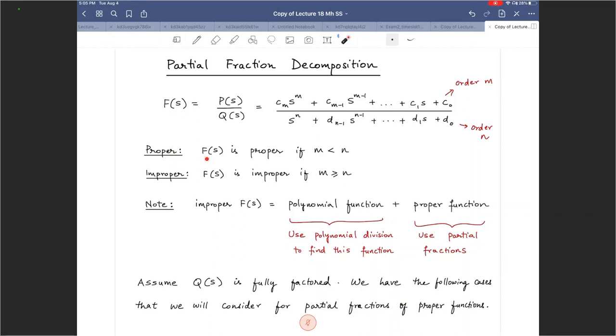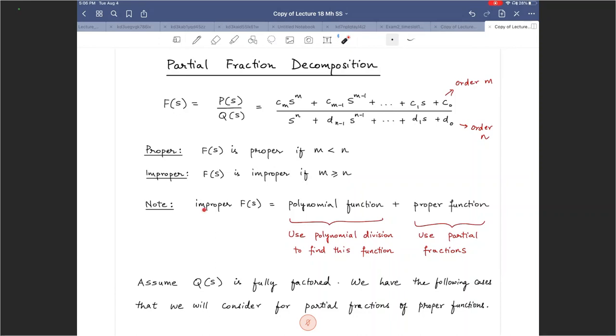F of s, the rational Laplace transform, is proper if the order of the numerator polynomial is less than the order of the denominator polynomial. And it is going to be considered an improper fraction if F of s has the order of the numerator polynomial greater than or equal to the order of the denominator polynomial.